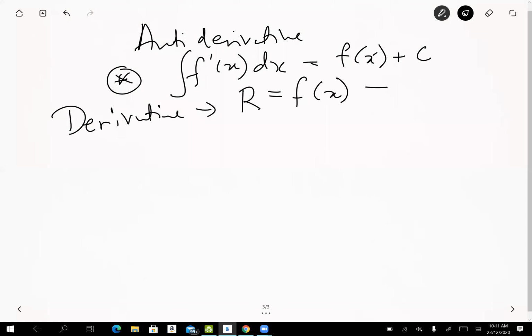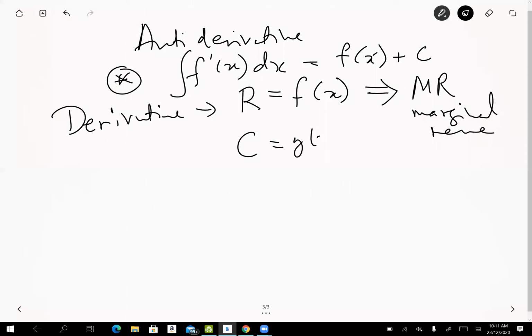what do I get? What do you call the derivative of the revenue? Marginal revenue, okay? So you get MR, that means marginal revenue. And if you have costs, we differentiate costs, we get marginal costs.